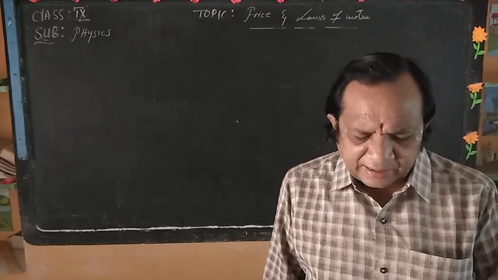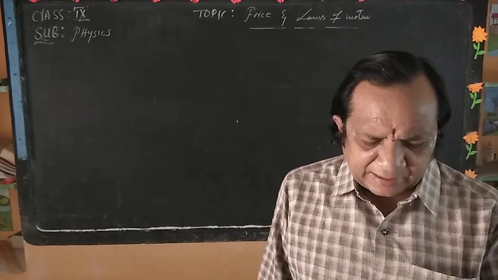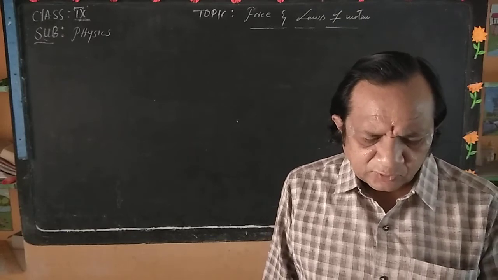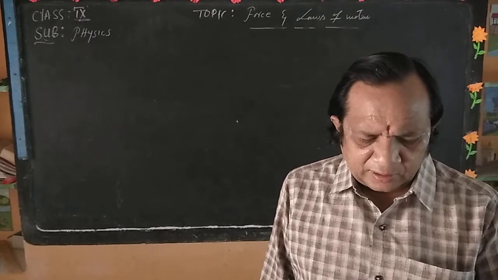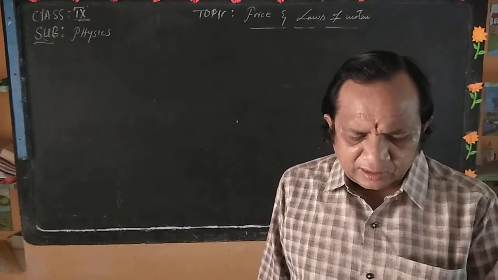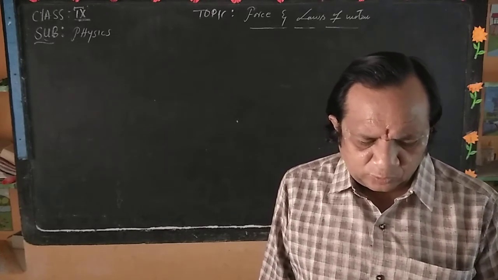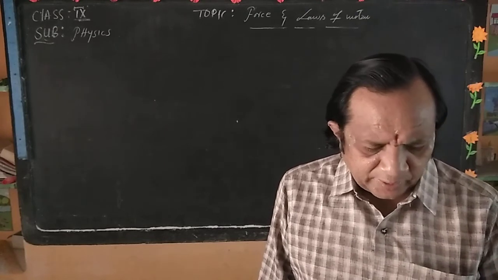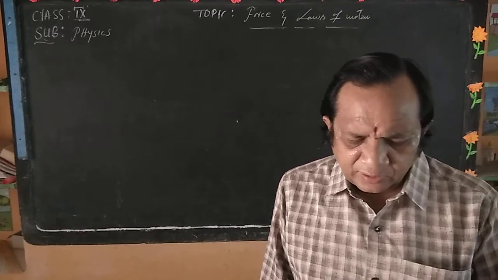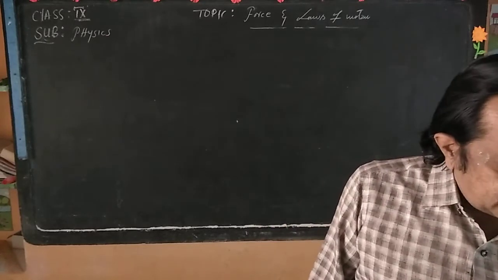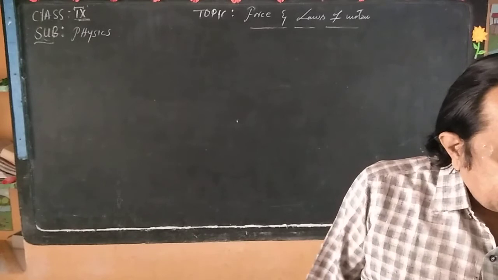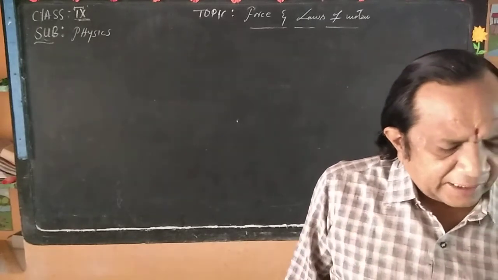What is the acceleration produced by the same force if both the masses are lifted together? So both the masses are to be lifted together. What is the force acting on them? So what is the mass acting on them to be calculated?